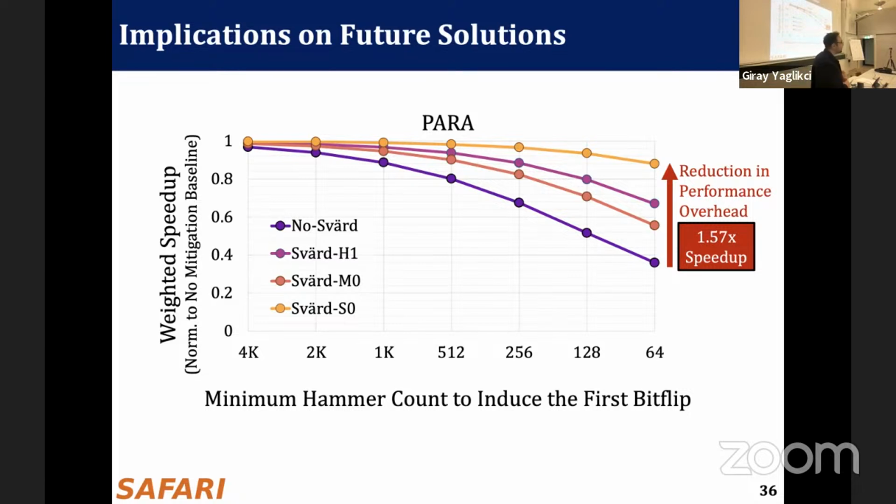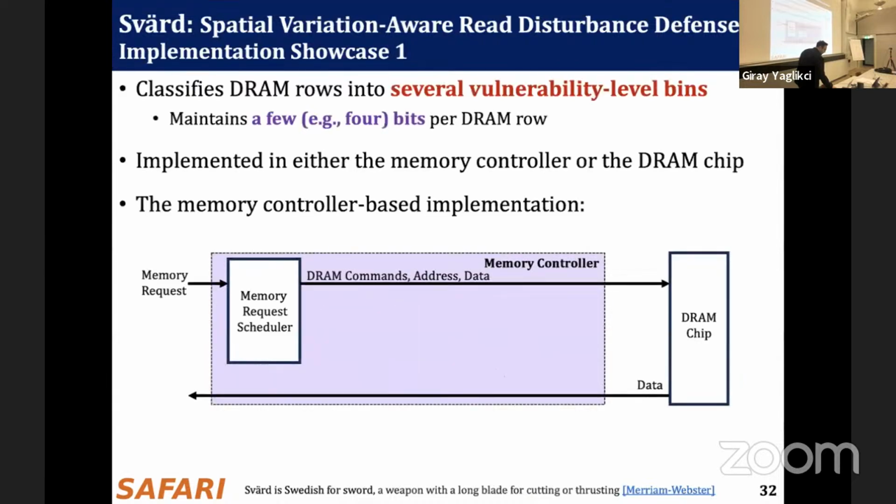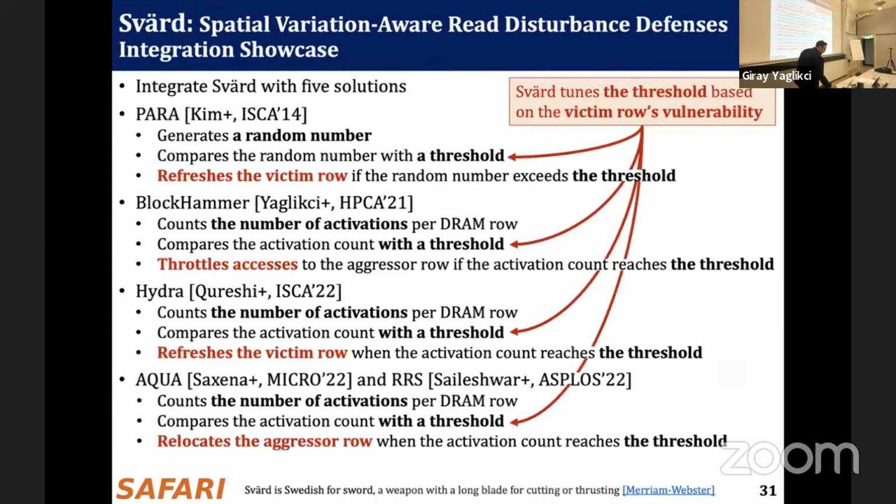Does it only change the threshold, or is there any other method? In this mechanism, we just change the threshold. And for other solutions like Aqua and others, those are only threshold values too.